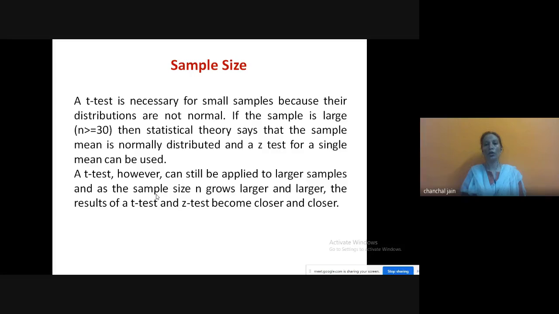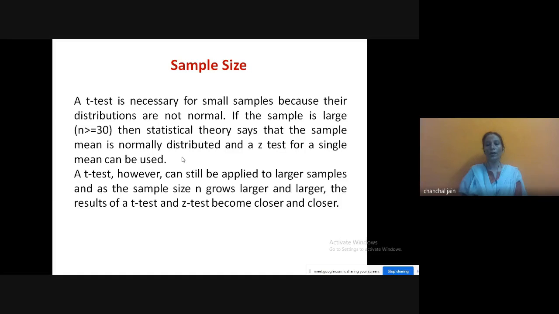But when we are talking about SPSS, SPSS gives you the t-test only. So if we have a sample of any size, we can perform the t-test, because in statistics the assumption is that when we increase the sample size, generally the distribution of the data will be normal.